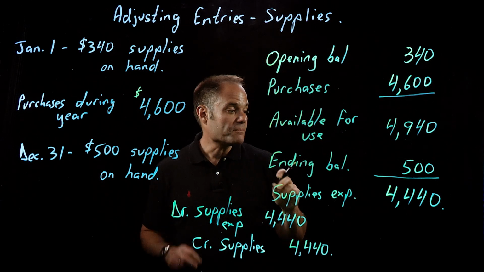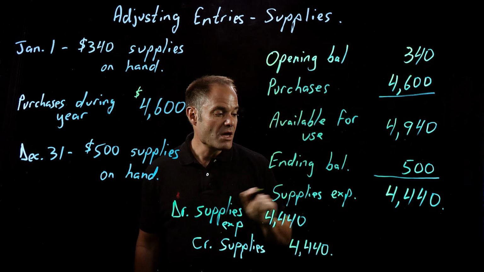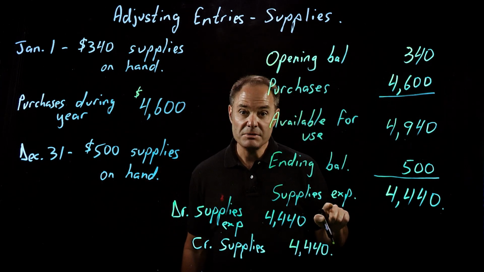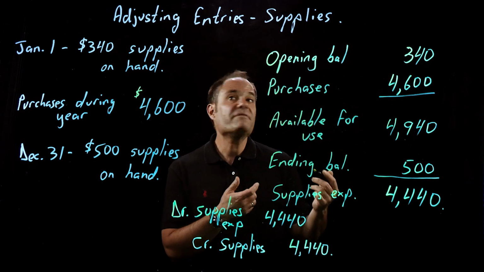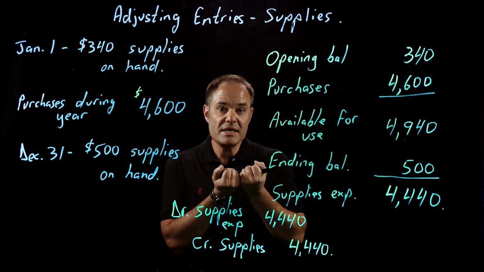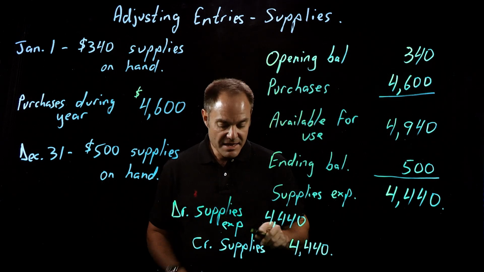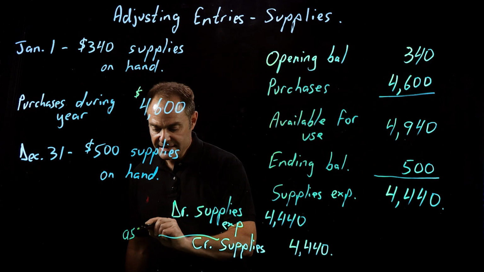Okay? Now, one quick thing to be very careful about here. Notice that we have an account called supplies expense, the amount of supplies that we use during the year, and we have an account called supplies over here, which is the supplies that are owned by the company. This account here is an asset account.